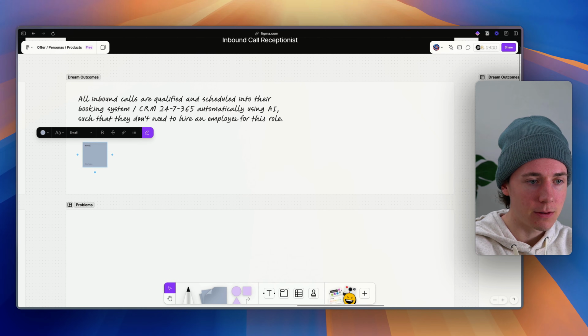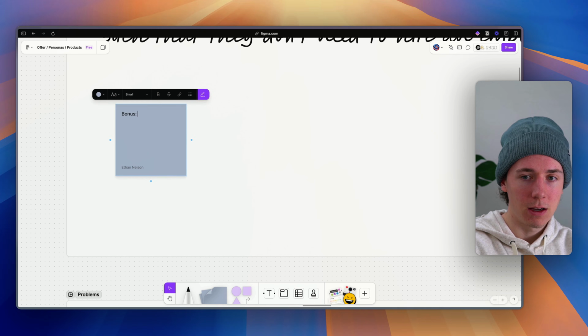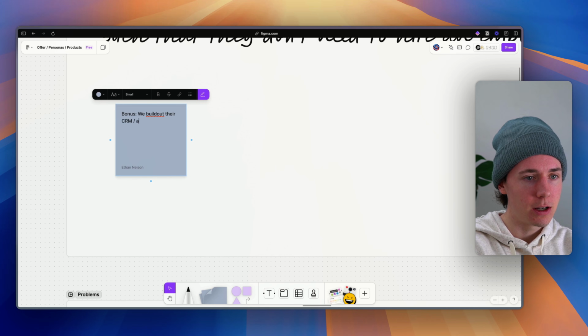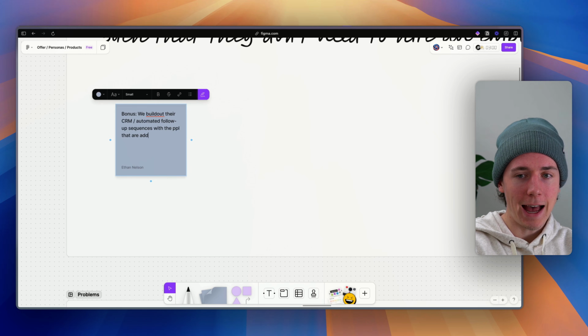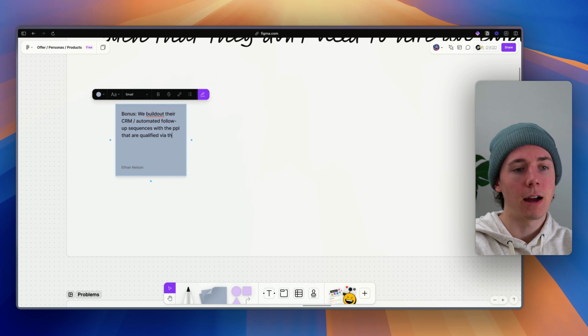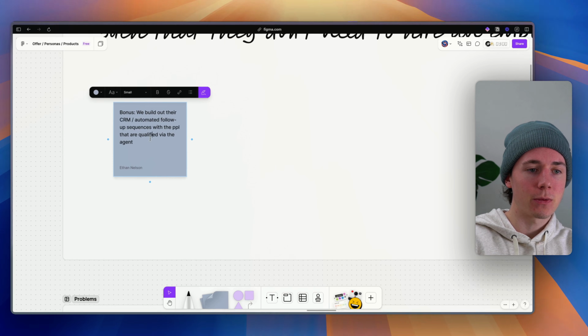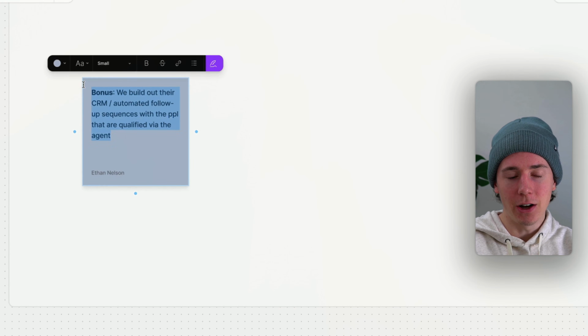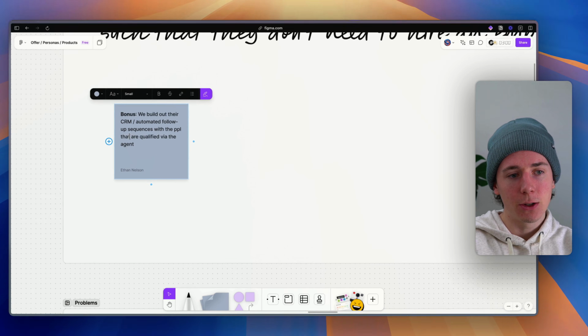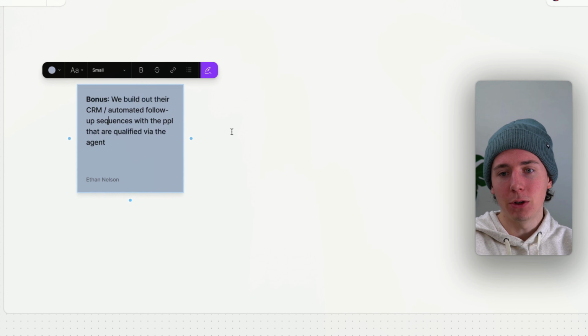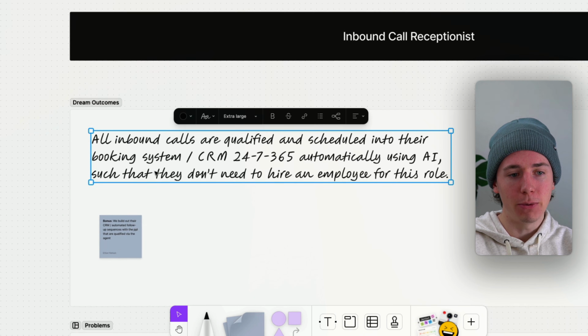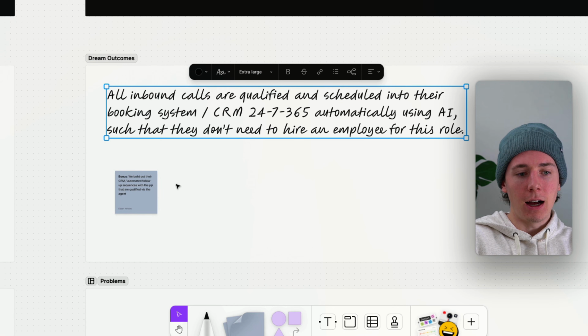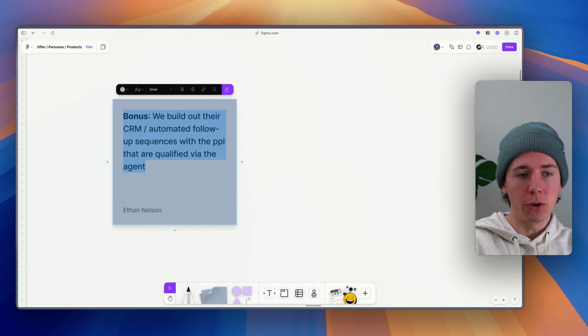A bonus is we build out their CRM and automated follow-up sequences with the people that are qualified via the agent. So I think this could be an extra bonus or an extra add-on. This is how we could increase the LTV of the customer. So we could add this CRM build, because this naturally leads into this, right? If we're building an inbound agent, then it's going to naturally lead into building out their CRM as well.